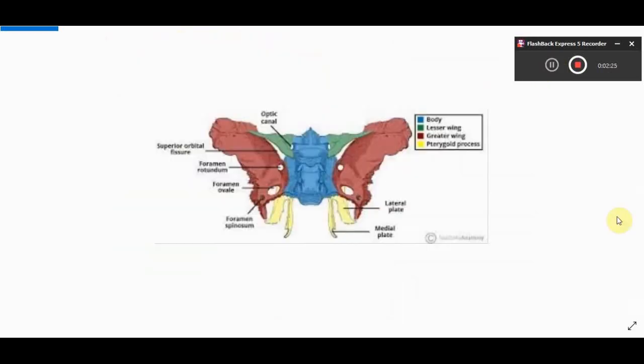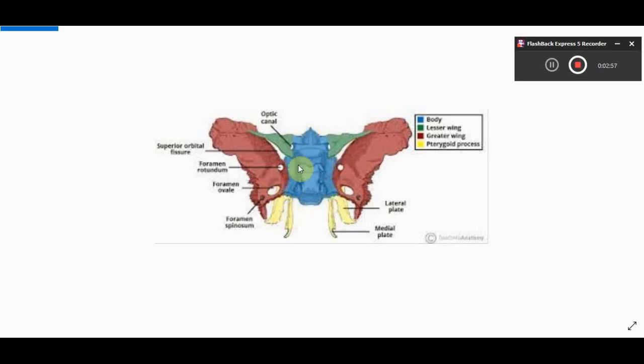Now in this particular image we can see the sphenoid bone, and I've represented it in this manner because it's really difficult. So what we're seeing is the lateral plate and the medial plate, and because we're viewing it posteriorly, these are gaping wide open from a posterior view. In blue we have the body of the sphenoid, and its undersurface happens to be forming the superior boundary of the pterygopalatine fossa, so the undersurface of the body, right?